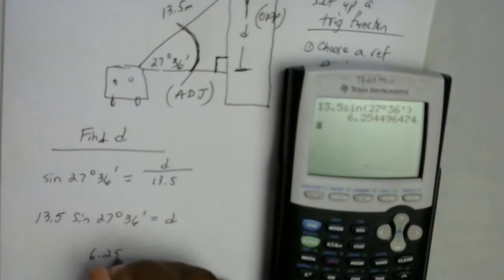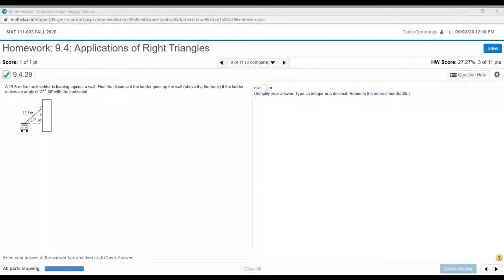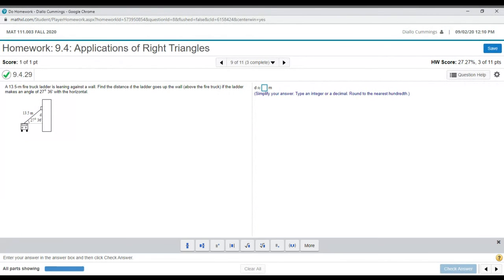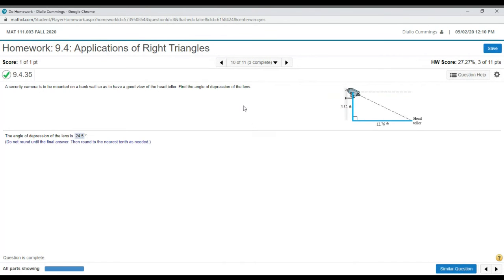So 6.25 is equal to D. If I go back to the homework problem, we should have 6.25. Any questions about this problem? You'll see this problem a lot.